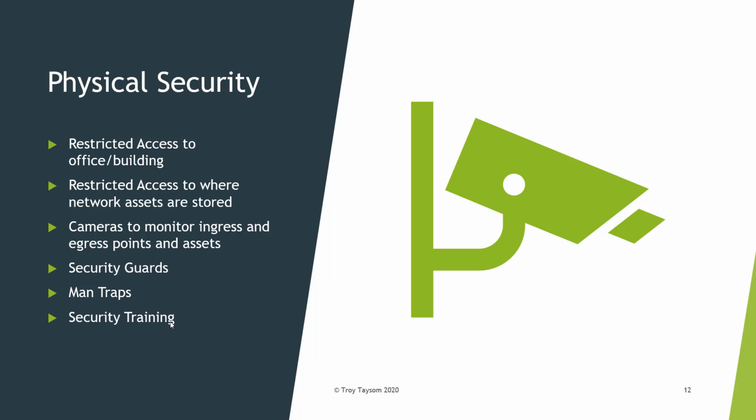And basically, all they're doing is pretending to be somebody that works there, and everybody's in a big rush, and they just come right in with you. And so you need to train your people to make sure everybody is using their own access card to get in and out. All right. Plus, it establishes who's in the building and who's not if something were to happen.